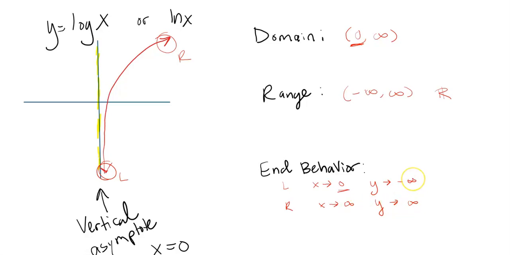Most of the values should be an infinity or a negative infinity, but one of them is actually going to be a number. That's a little bit different than if you're looking at a polynomial. Now, with our exponential functions, we were approaching a number, but that was on the y value. This is on the x value. So everything that you know about exponential functions is really kind of flip-flopped.